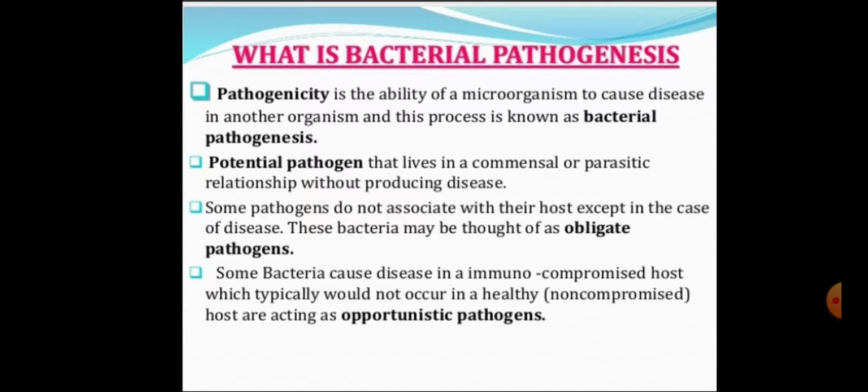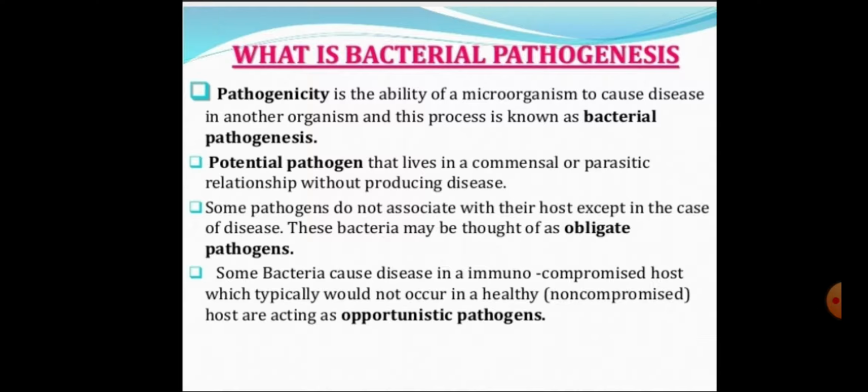In this slide, we can explain what bacterial pathogenesis is. Pathogenicity is the ability of a microorganism to cause disease in another organism, and this process is known as bacterial pathogenesis. A potential pathogen lives in a commensal or parasitic relationship without producing disease.